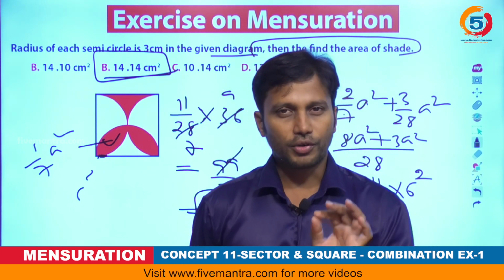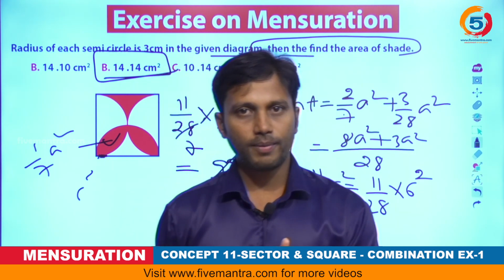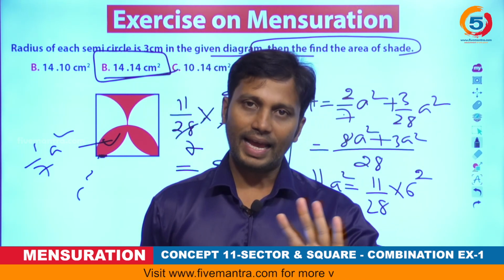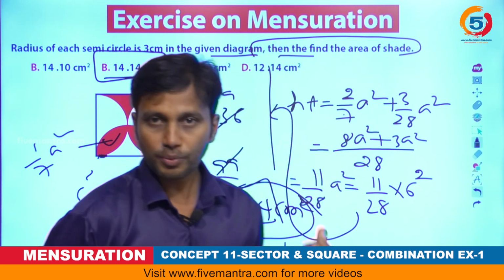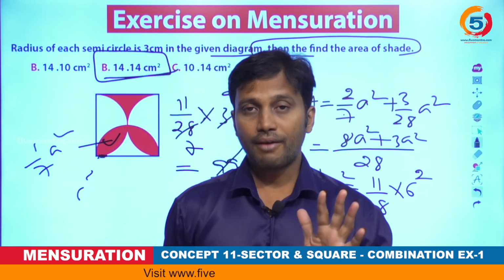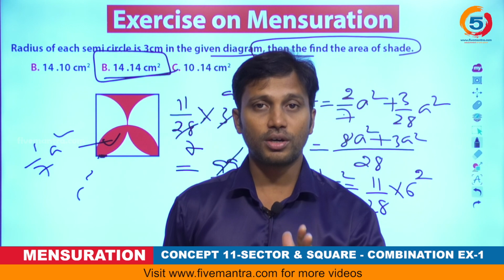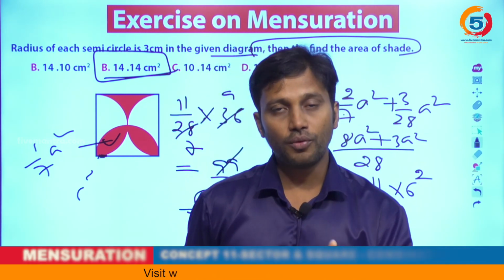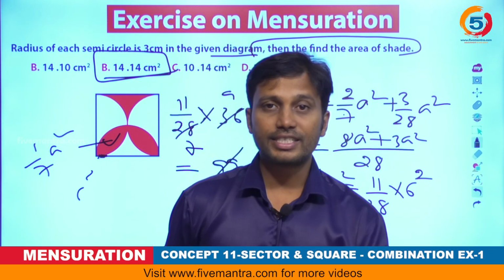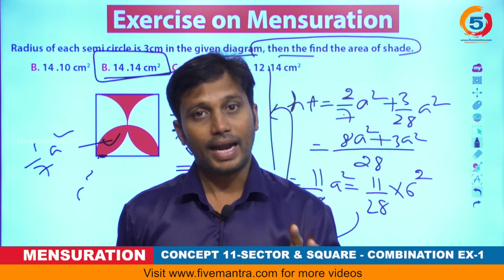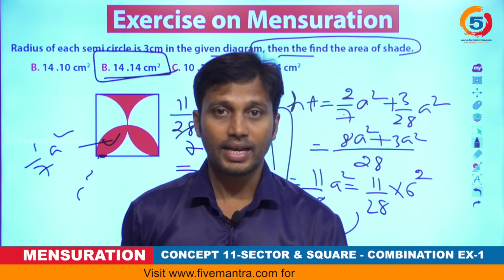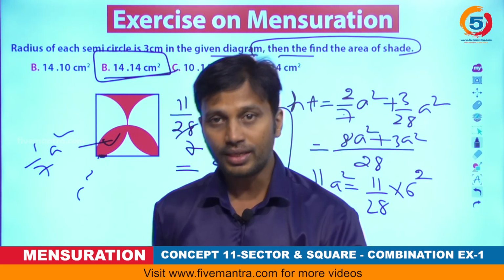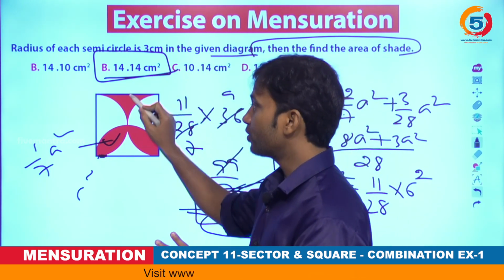Now if you carefully observe, for the first two problems we applied the shortcut as it is. For the next two problems we haven't applied that as it is, because here the complete version of the diagram is not given. So we have divided the shaded area into 4 equal parts and the unshaded area into 4 equal parts, and each part's area we use according to the given portions of the diagram.